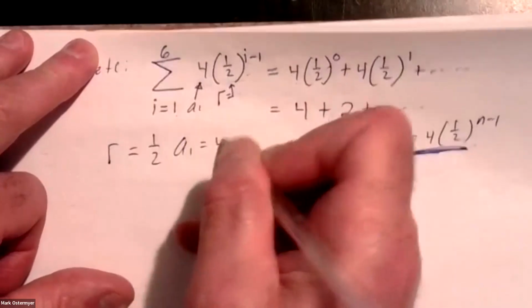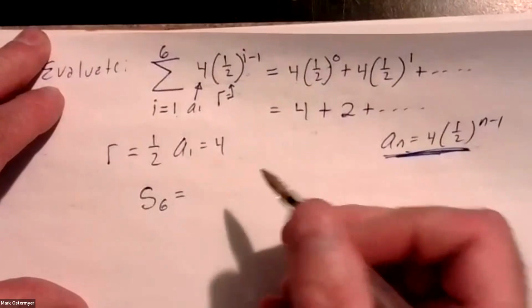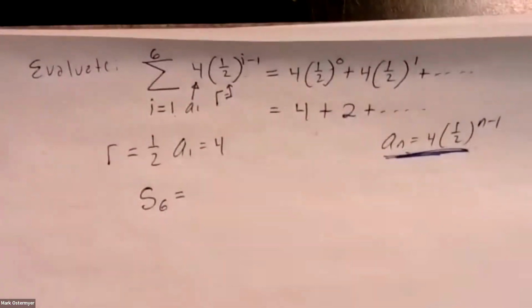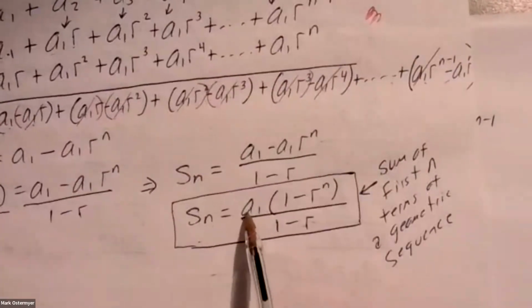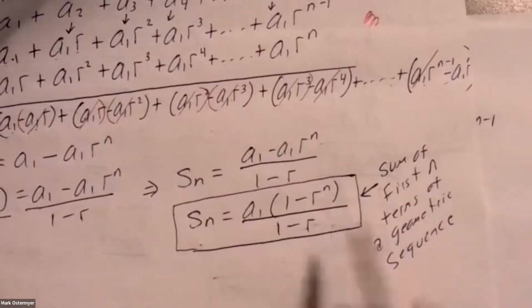First term is 4. So to find the sum of the first 6 terms, we could use the formula we just developed back right here. We need our first term times 1 minus r to the 6th power, divided by 1 minus r.